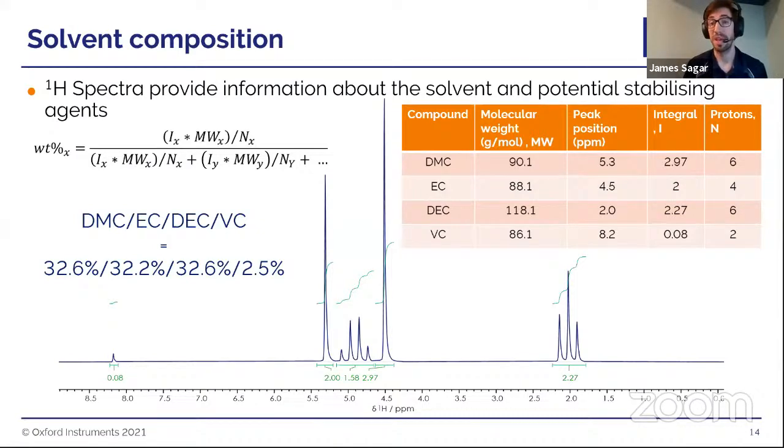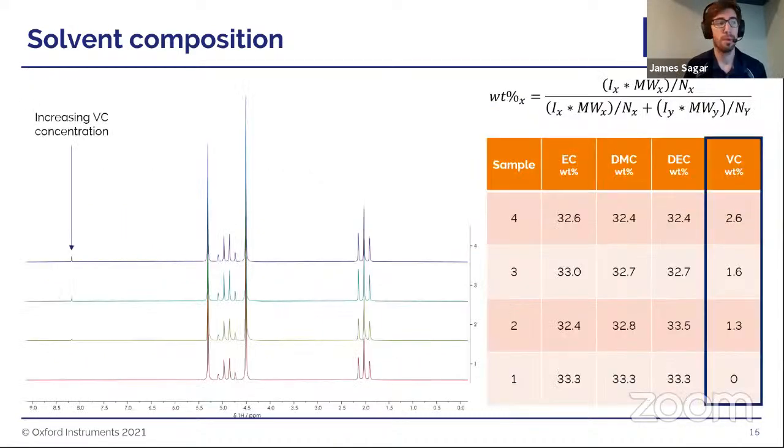We can also use that same technique to ensure that as we're developing a formulation or we're continuing our quality control, that we have the right sort of additives in there. So from those spectra, we see there are 4 here with varying quantities of vinylene carbonate. The rest of the concentration is essentially identical.